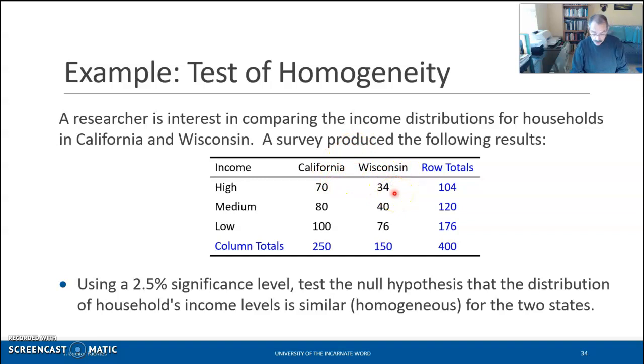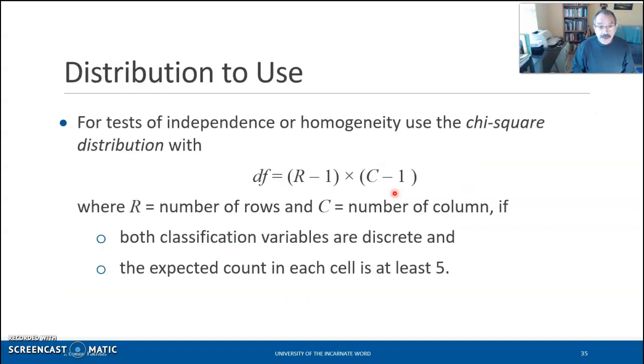All right. Once you make the distinction between how to state the hypothesis, because you have a test of independence or a test of homogeneity, then what comes next is the same for both tests. So the distribution to use is a chi-square, as you would suspect. And the degrees of freedom are calculated as the number of rows minus 1 times the number of columns minus 1.